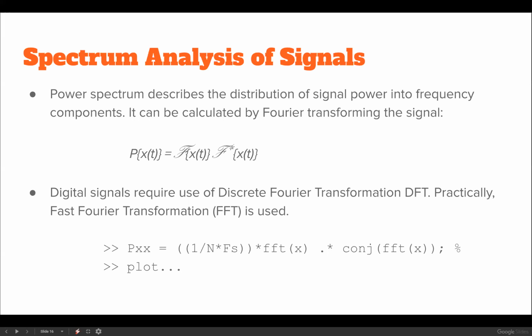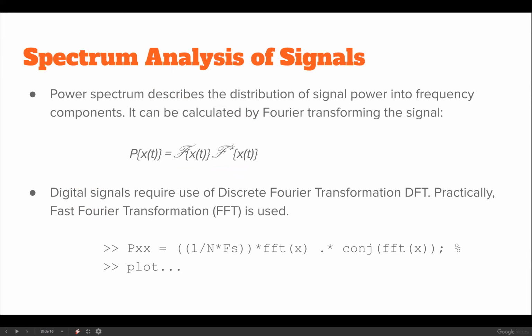So how to analyze a signal spectrum? That's done by Fourier transforming the signal. That's the definition of power spectrum. And in digital systems, we just apply the fast Fourier transformation to calculate the discrete Fourier transformation.